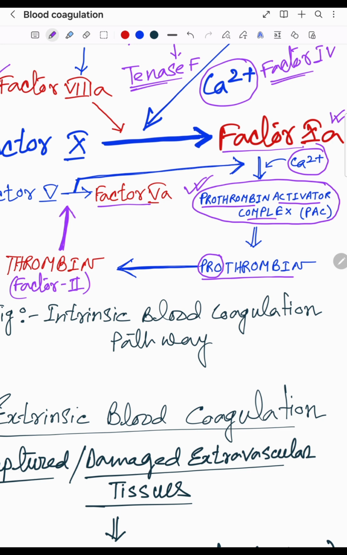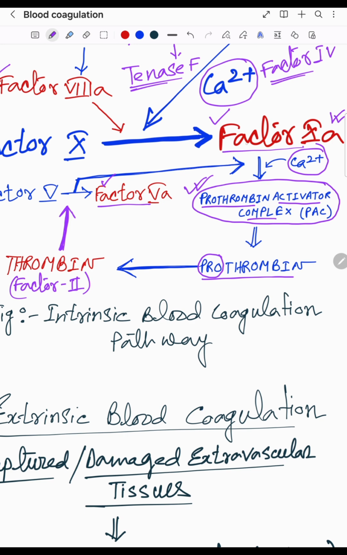So firstly we need to produce prothrombin activator complex, which is getting produced by the help of two factors, that is factor 10A and factor 5A. That's why I have drawn this arrow this way. Factor 5A we required for the activation of prothrombin activator complex.